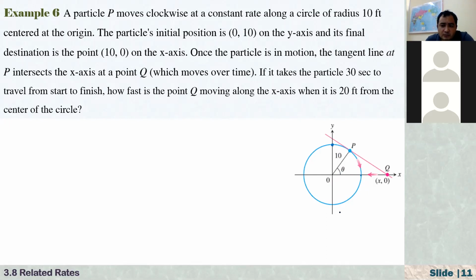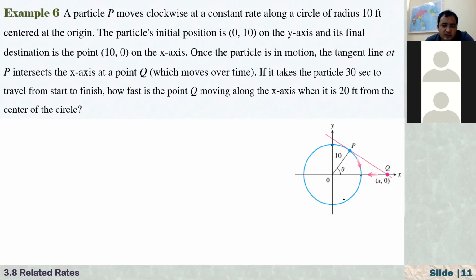Once the particle is in motion, the tangent line at P intersects the x-axis at a point Q, which moves over time, right? If you just draw a tangent line, when it is on the y-axis, we cannot draw this. When it's on the x-axis, we cannot draw this. We can draw this, but one will be horizontal, one will be vertical, right? As this point moves, also this tangent line is moving.